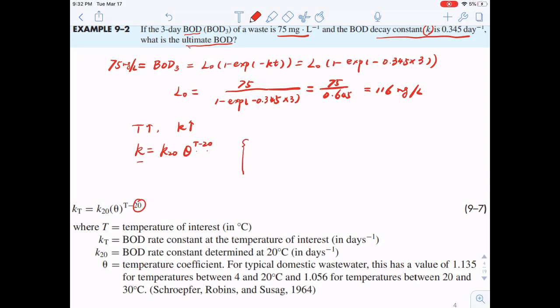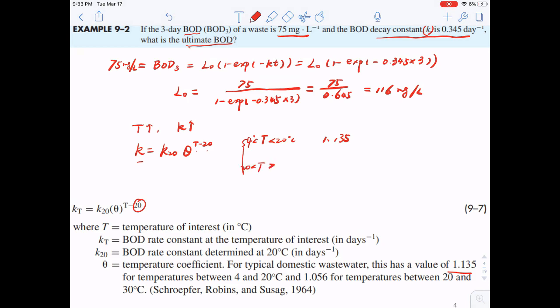Also notice that it's divided into two regions. When the temperature is between 4 Celsius and 20 Celsius, we're going to use a theta value of 1.135. It shouldn't be theta here, it should be temperature.